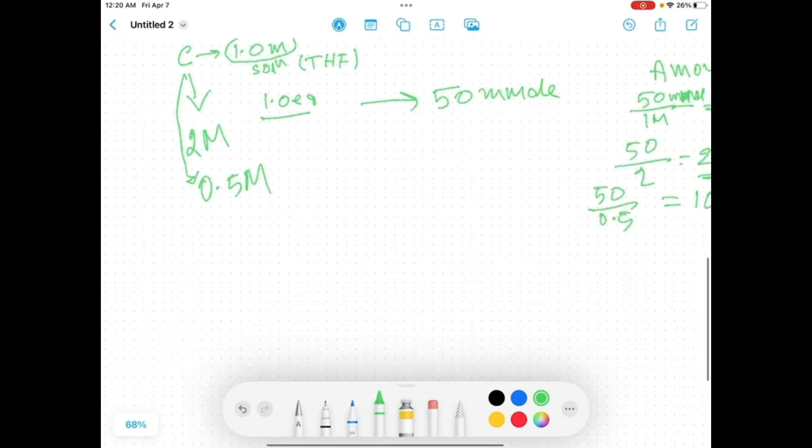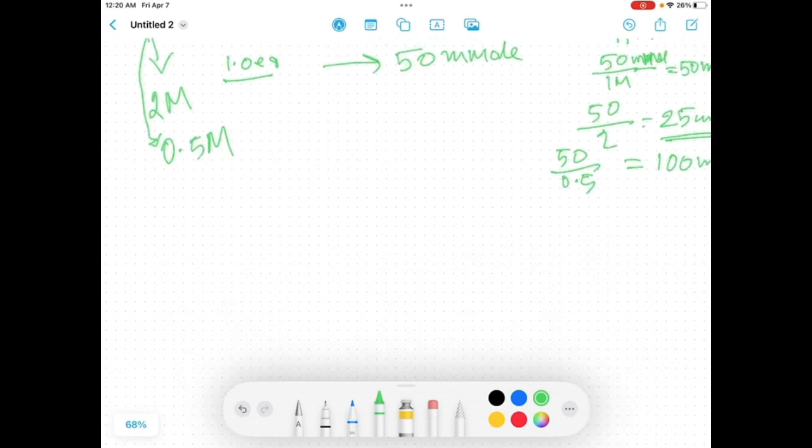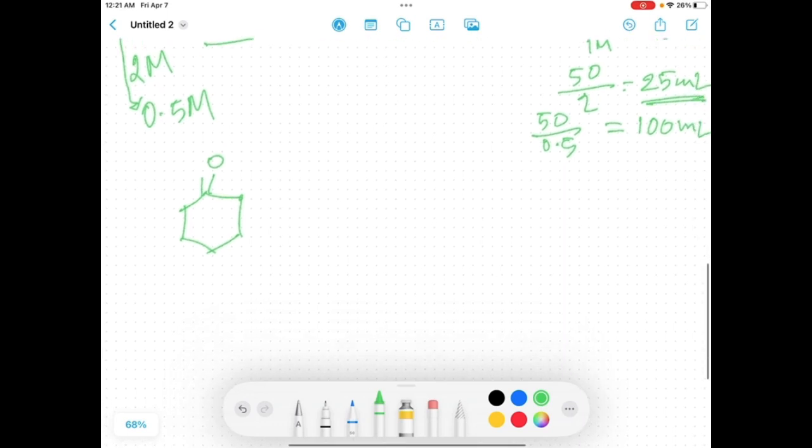Another thing is, in some cases, a direct liquid reagent, not given as molar, suppose cyclohexanone, you need it. In that case, suppose you take 1.5 equivalent, so that will be 50 times 1.5, which is 75 millimole.